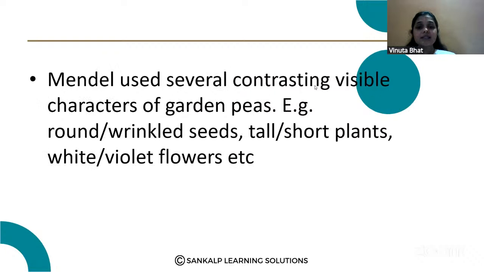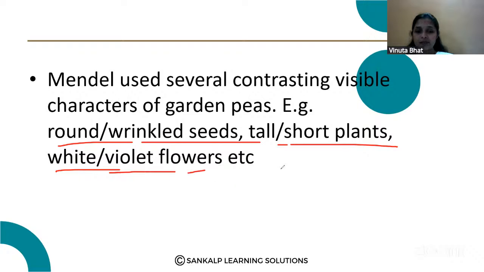Mendel used several contrasting visible characters of garden peas. For example, round or wrinkled seeds, tall or short plants, white or violet flowers. These are some of the contrasting visible characters that were used by Mendel for his experiments.